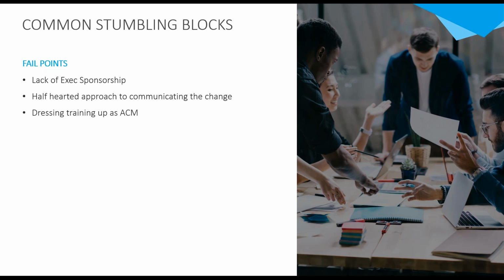We do a remote session, somebody trains you on it, you listen to it, and then some emails come in and you start getting distracted. Straightforward training is not effective. It doesn't have that messaging and that reinforcement piece. And that's super important. So don't dress training up as ACM.